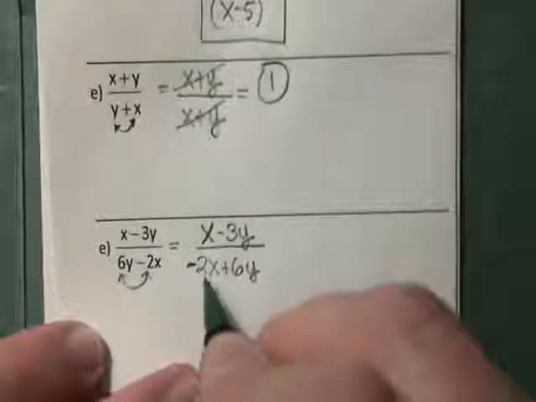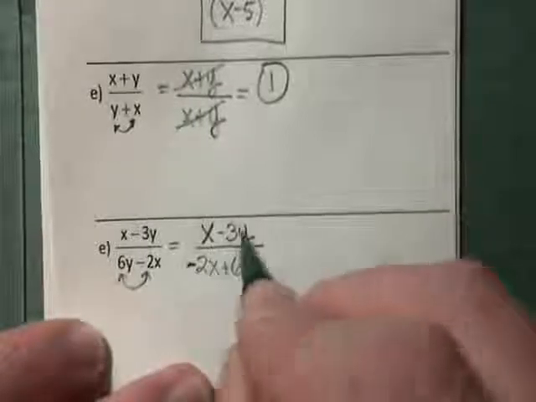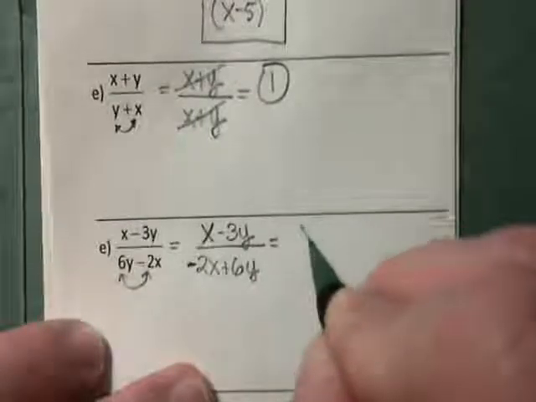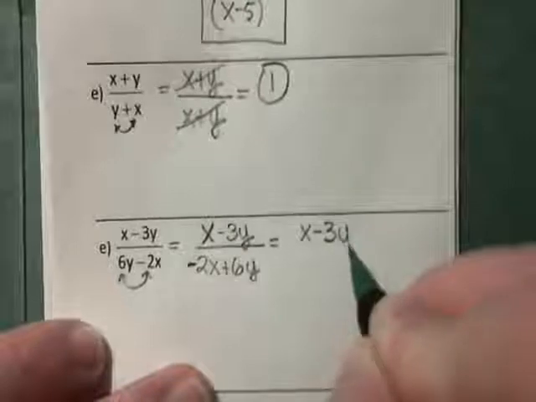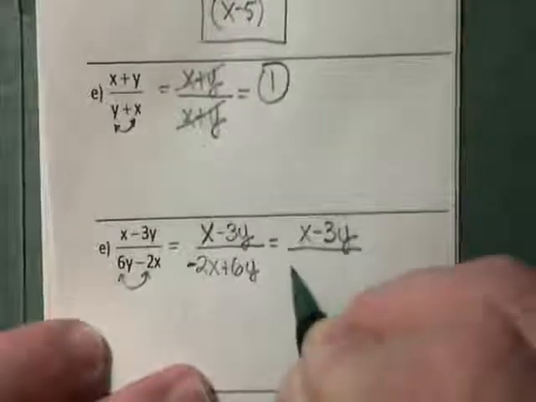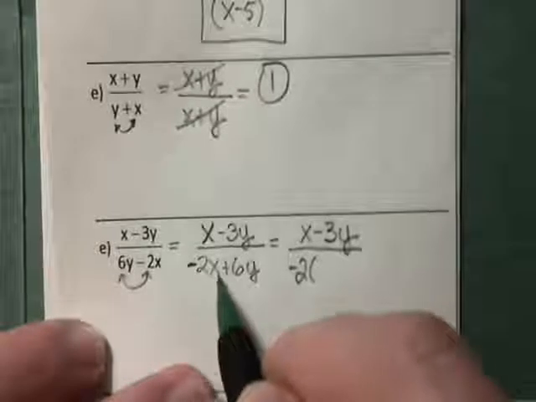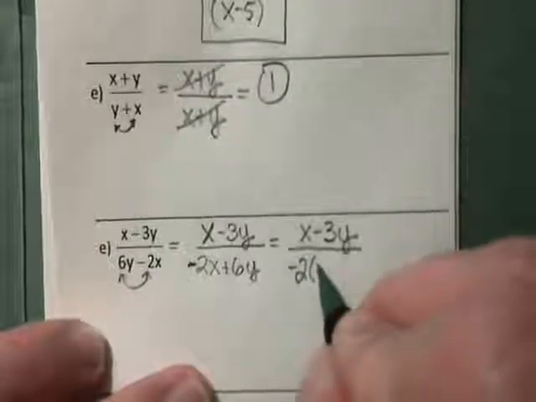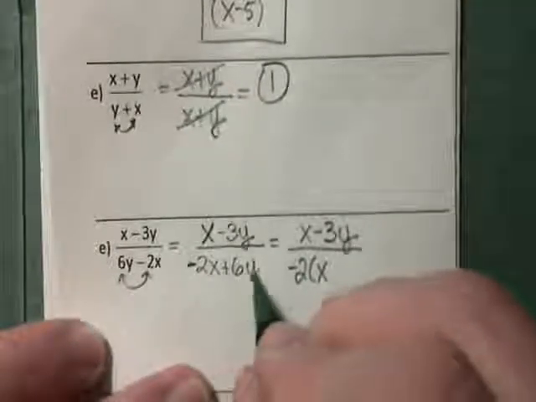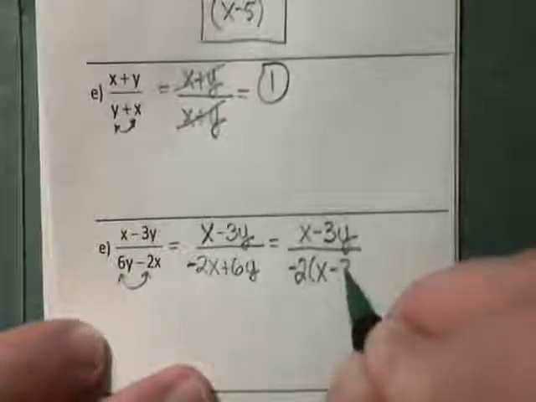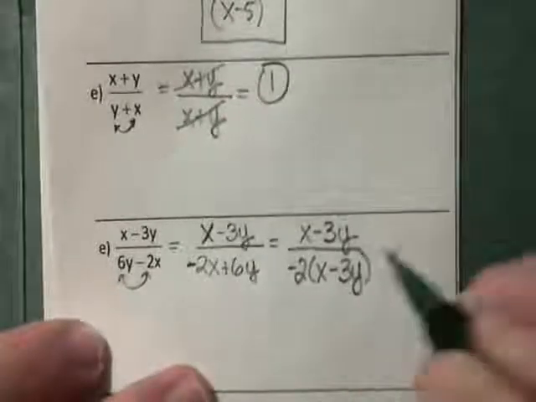alright, I ask, what can I factor from these guys? Well, on the top, there's nothing I can factor, so I'm just going to write the same. But on the bottom, I notice I can factor out a negative 2. And when I factor out negative 2, negative 2x divided by negative 2 is x. And 6y divided by negative 2 is negative 3y. And would you look at that?